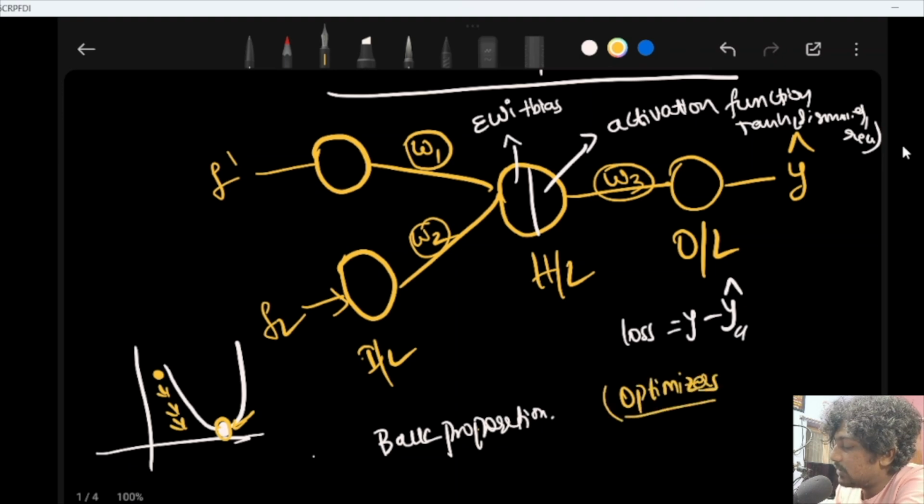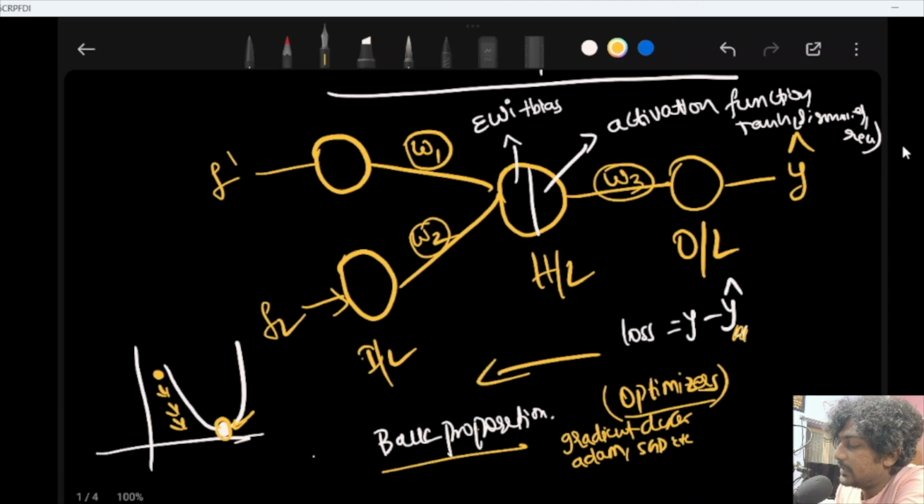and there are several types of optimizers like gradient descent, Adam, SGD, and many more. So in this back propagation, after calculating the loss function, we need to update the weights.